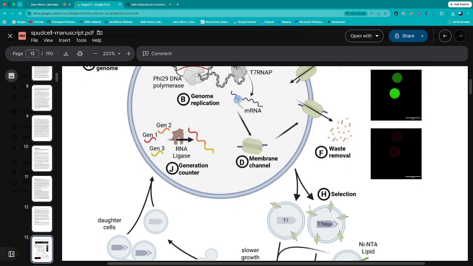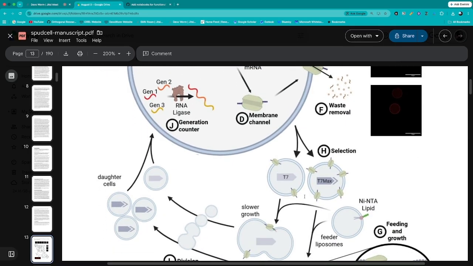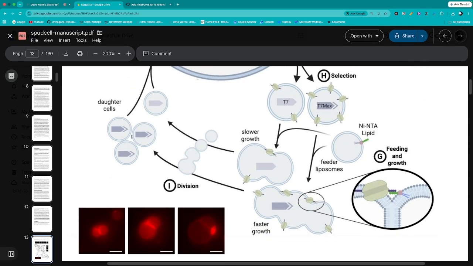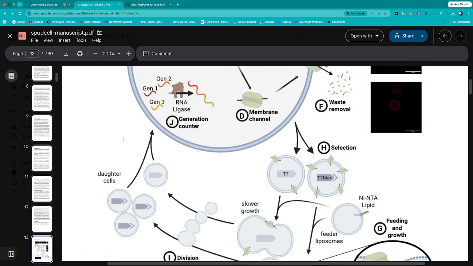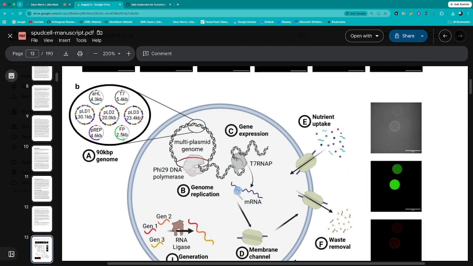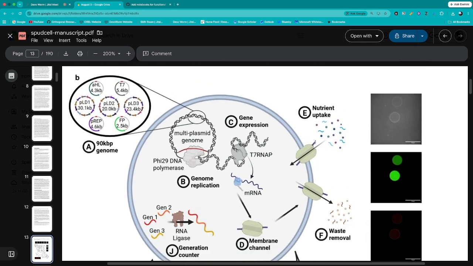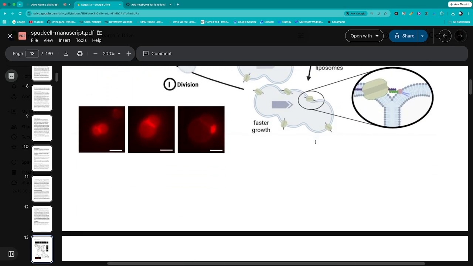And then you have selection on these cells. You have slower growth and faster growth mechanisms. And so that's basically the process by which the cell operates, and then you have cell division.